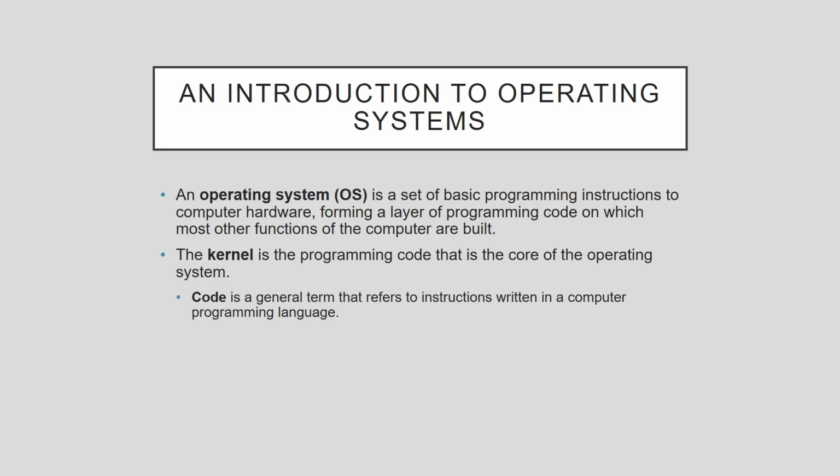It's a specialized computer program that provides the user interface, the file system, processes and services, and the kernel, in which the kernel is the heart of the operating system and runs with the highest priority.